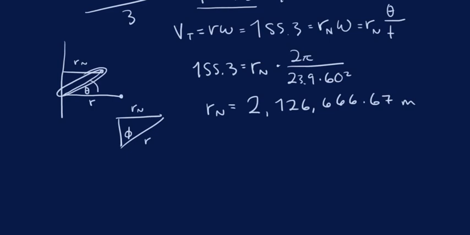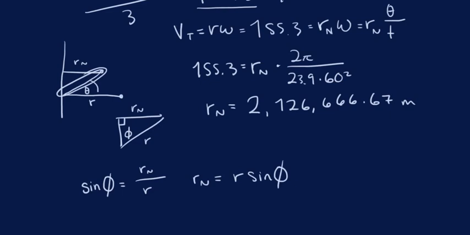So we can use trig to find the measure of phi, because we know that sine of phi equals Rn over R. So Rn equals R times sine phi. Wait. Do I really want to do that? No, I don't. Okay. Ignore that.